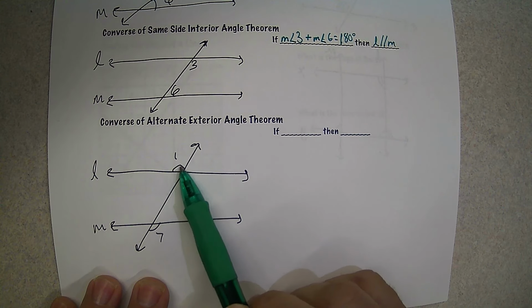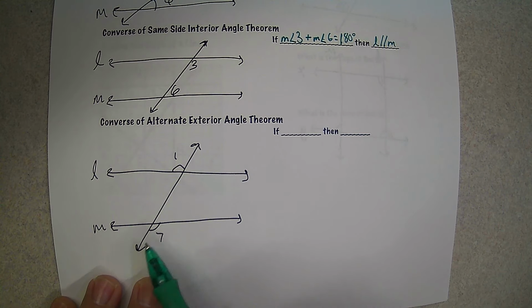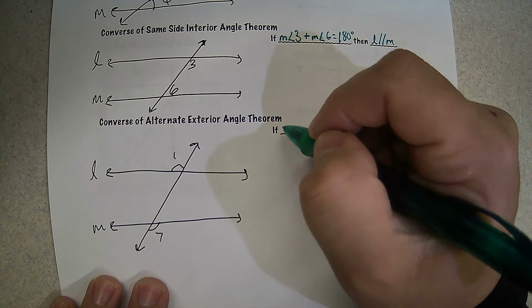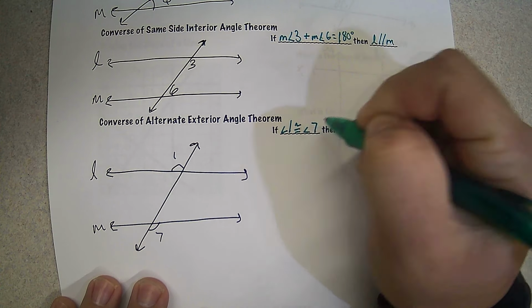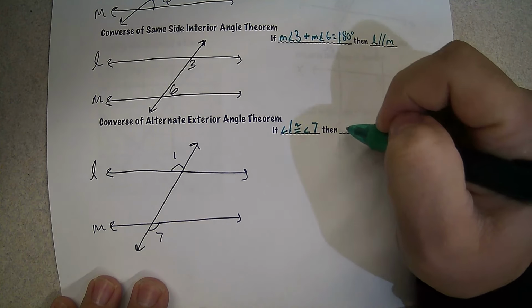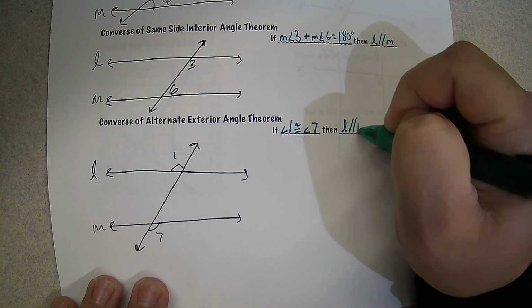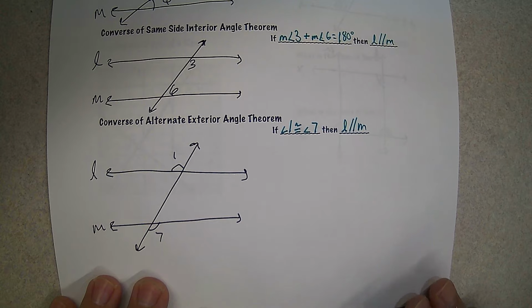If angle 1 and angle 7 are congruent, or they have the same angle measure, then L is parallel to M.